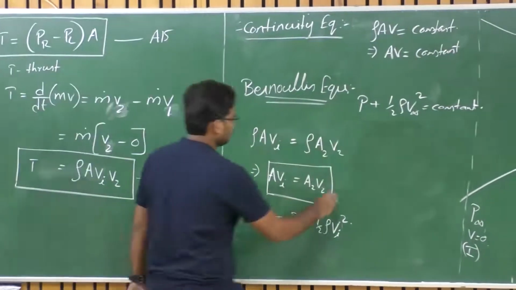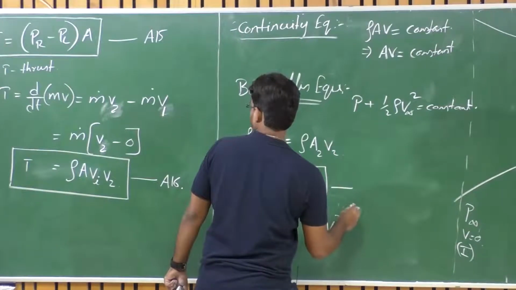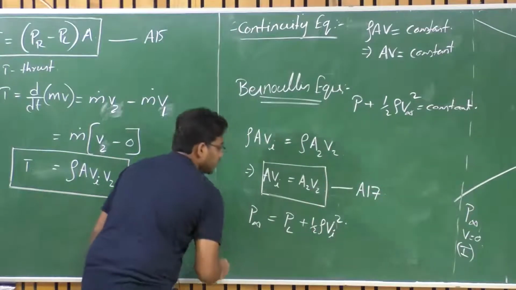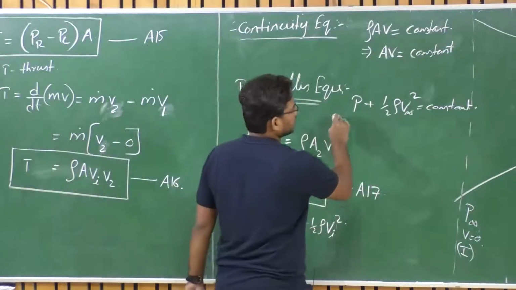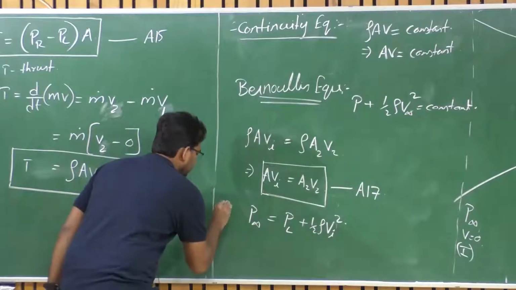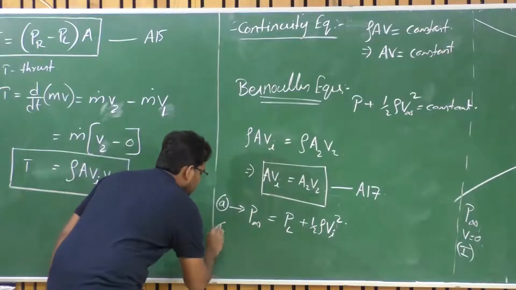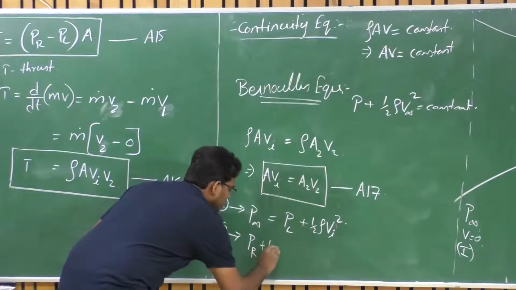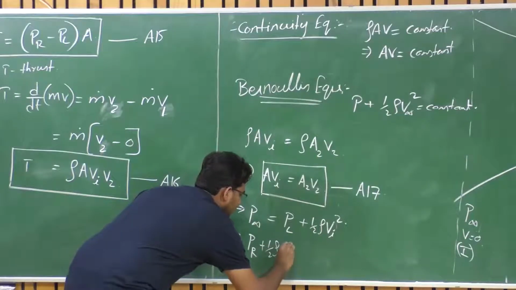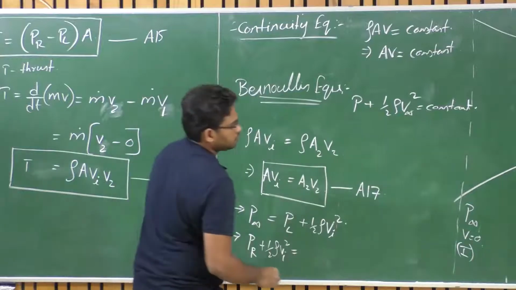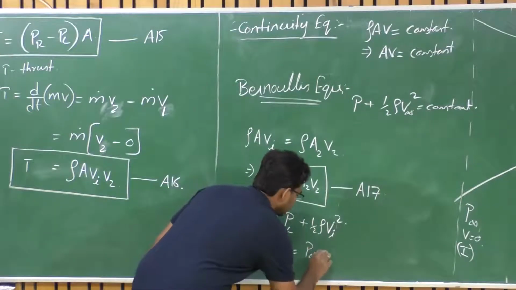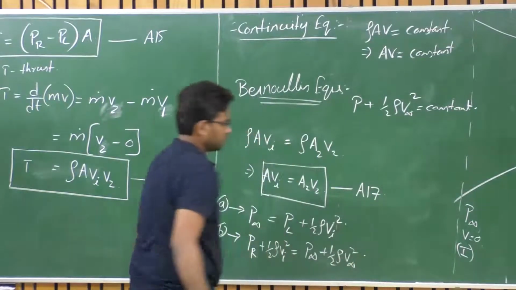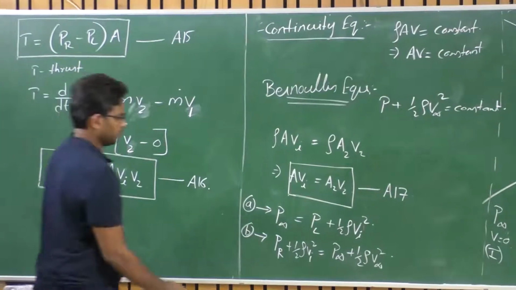So similarly, if you apply Bernoulli's equation to part B, what we have is PR plus half rho Vi square is equal to P infinity plus half rho V2 square.